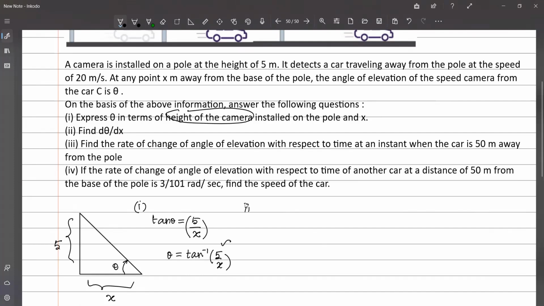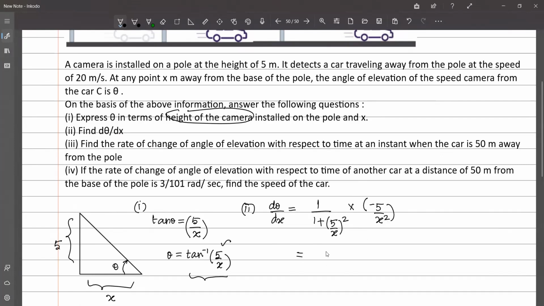The second question is d theta divided by dx. If you differentiate the tan inverse function, it is 1 divided by 1 plus whatever is inside the brackets squared. So 1 plus (5 by x) whole square, into, as per chain rule, you need to differentiate the inner function also. If you differentiate 5 by x, you will get minus 5 divided by x square.